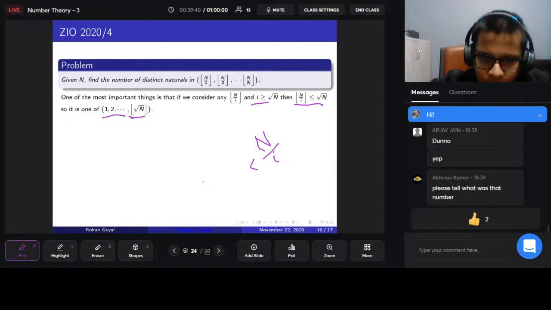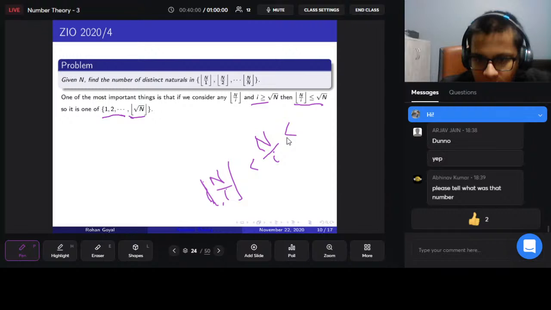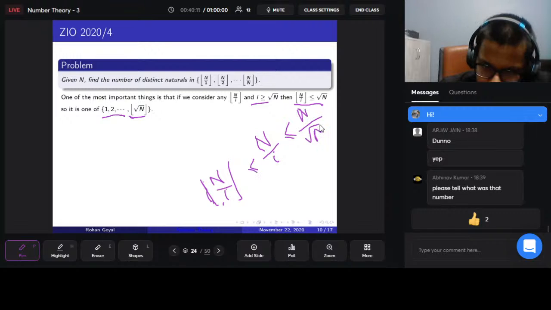Now this is less because i is greater than or equal to root n, so this becomes less than or equal to n by root n, which is in fact less than or equal to root n.